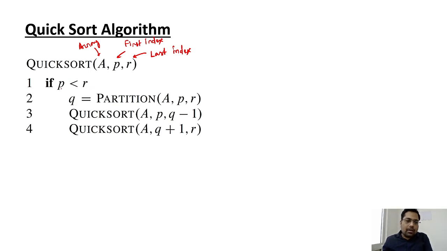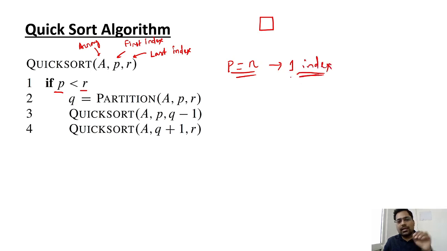Next, P is less than R. As we have already discussed, R is the last index and P is the first index. If P is equal to R, there is only one index, and with one index, whatever number you put there, it is by default sorted. Why? Because we cannot say one person in a class is first or last.